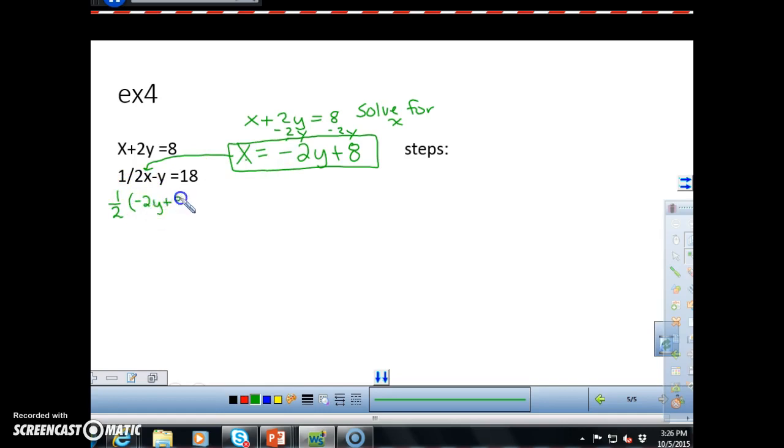Also notice that I'm using parentheses when I substitute my items in. I hope that you caught that part. And then we want to solve.